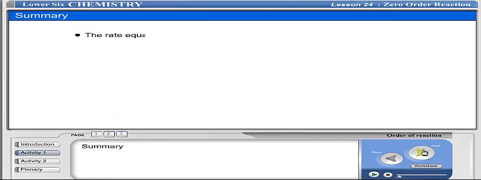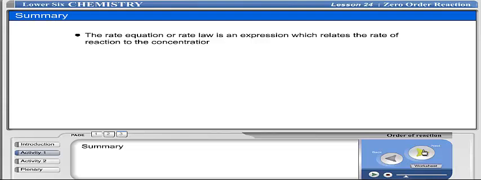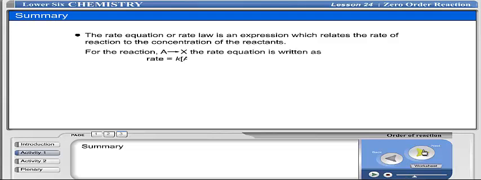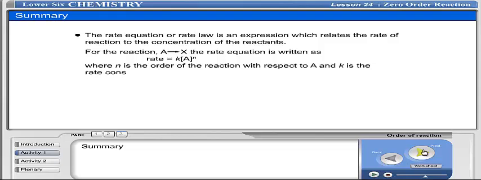The rate equation or rate law is an expression which relates the rate of reaction to the concentration of the reactants. For the reaction A gives X, the rate equation is written as rate equals k times concentration of A to the power of n, where n is the order of reaction with respect to A and k is the rate constant.